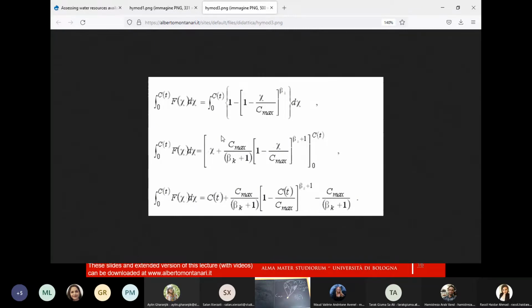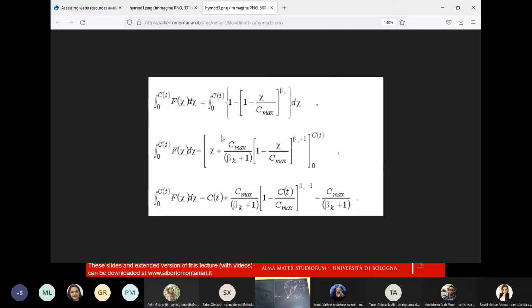The derivative of the quantity between square parentheses in the middle line is equivalent to the same quantity between square parentheses, but you have to multiply it by minus 1 divided by C max, which is the derivative of the second addendum between square parentheses.